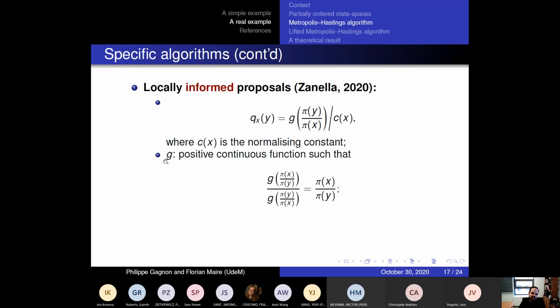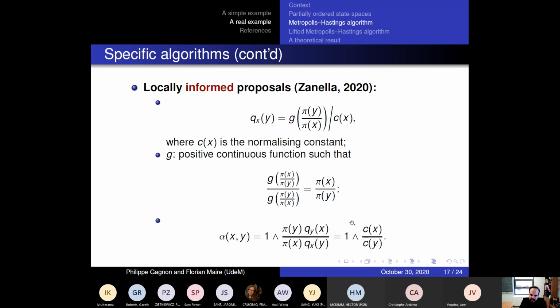And this function g is a positive continuous function such that g of the argument divided by g of the inverse of the argument equals the argument, okay? And having such a property, which is, by the way, respected by the square root, g could be the square root, you have that the acceptance probability reduces to this, okay? So a ratio of normalizing constants, okay?